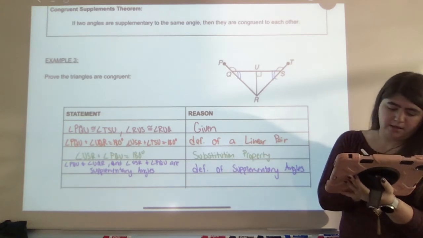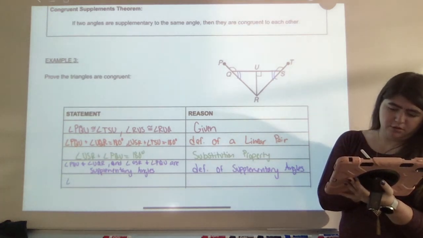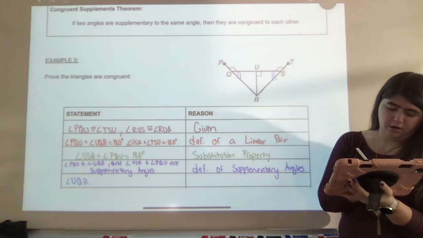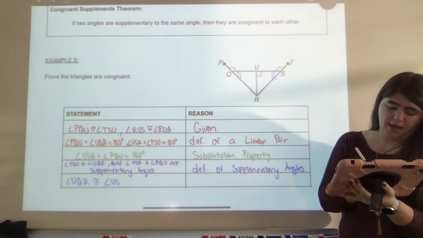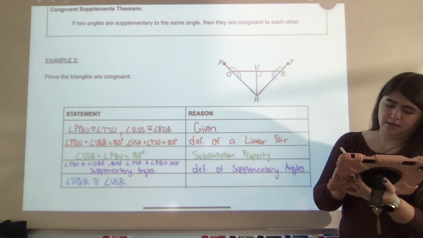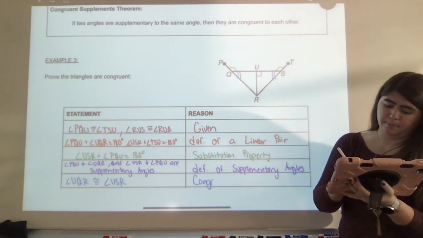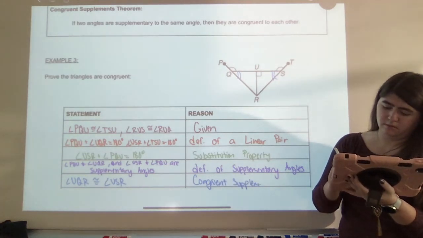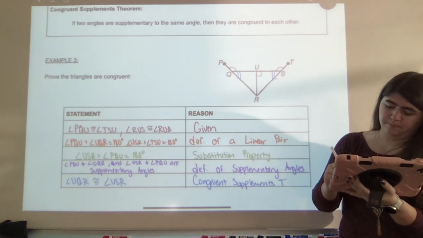So I have angle UQR is congruent to angle USR by the congruent supplements theorem.